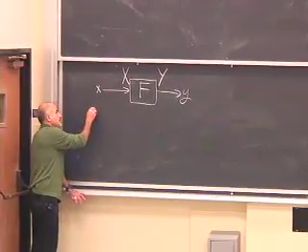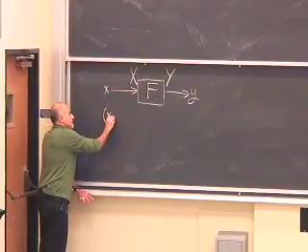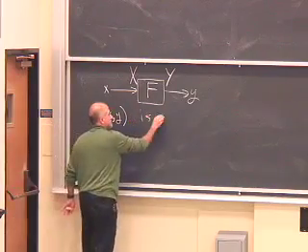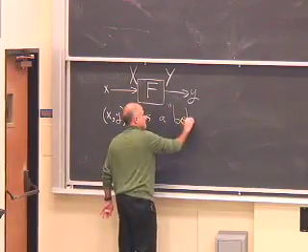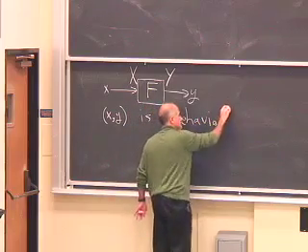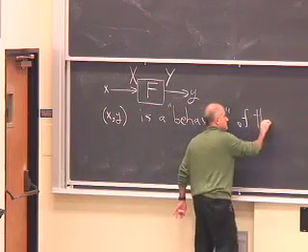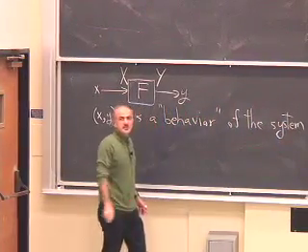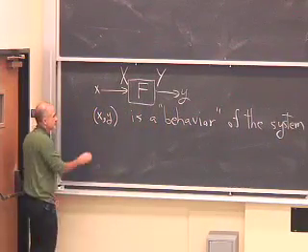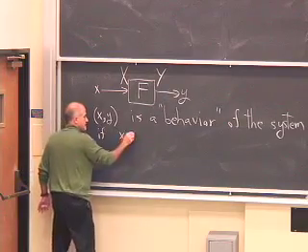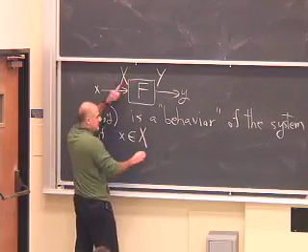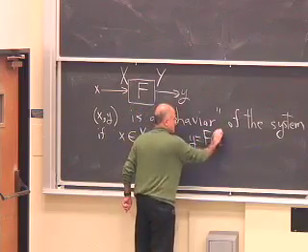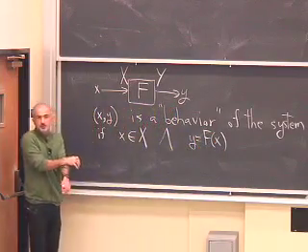We say that the pair x, y is a behavior of the system, technically the input-output behavior of the system, if x is in capital X and y is equal to f of x. Okay?